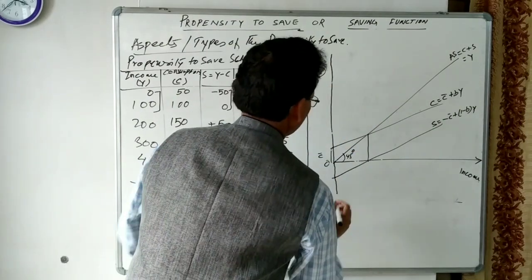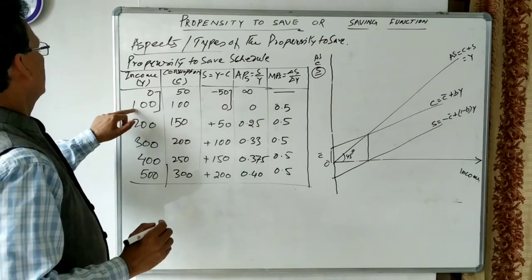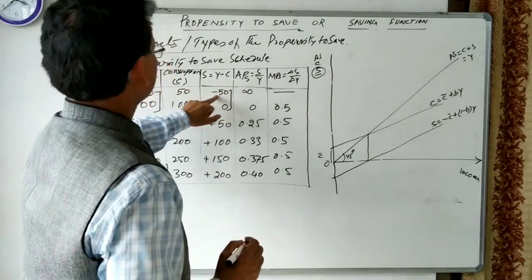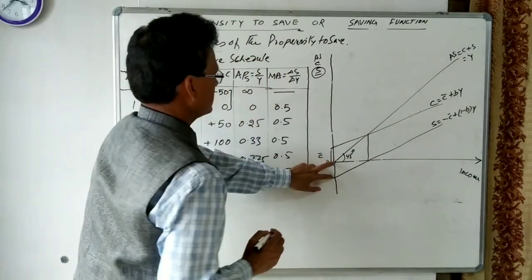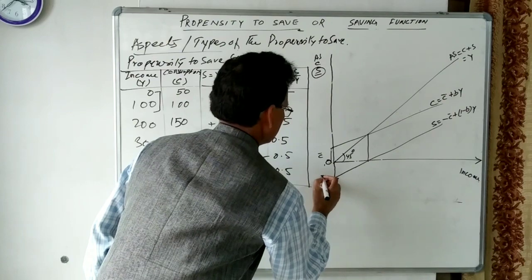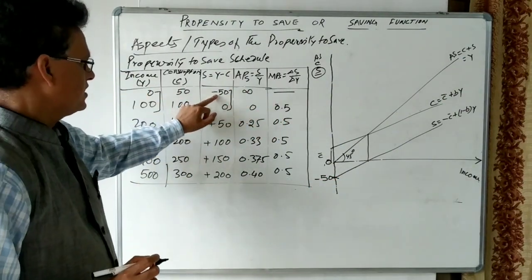Okay? So suppose we take this as 0. When the level of income is 0, saving is minus 50.